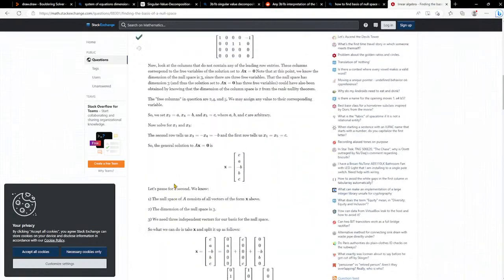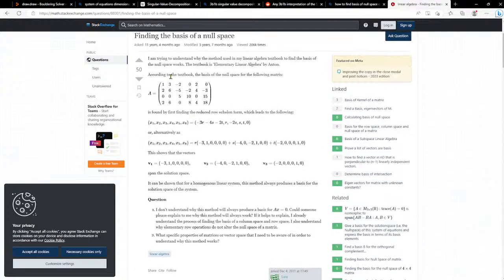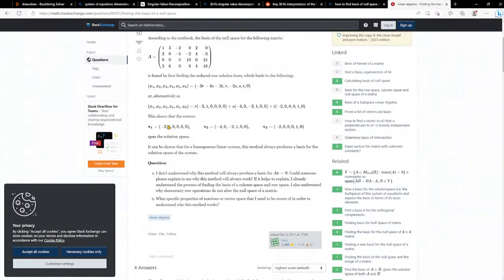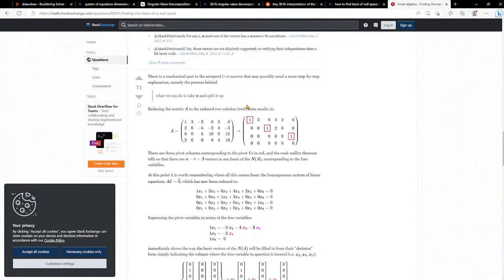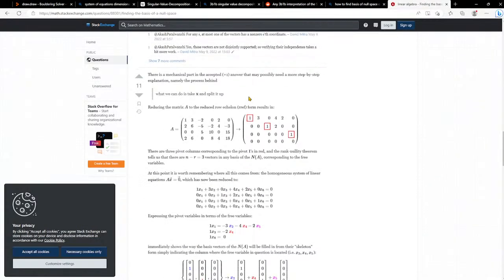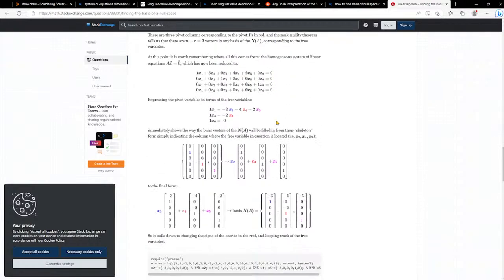So it looks like there's a trick you can do here. You can take the RREF and just read the null space basis from it by negating everything except for the ones, which I'll have to read more carefully to understand.